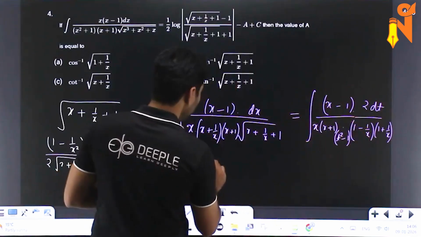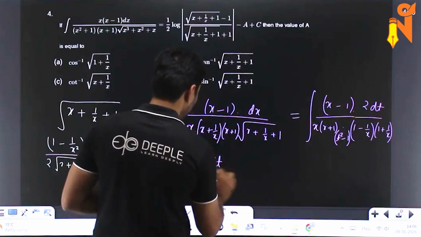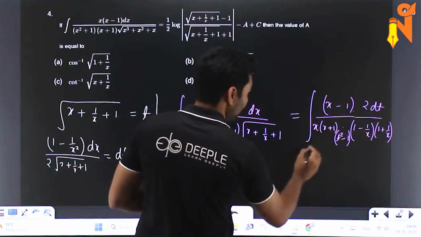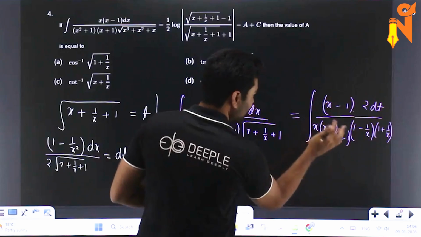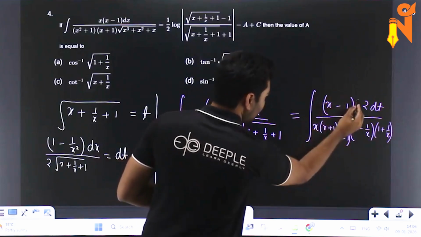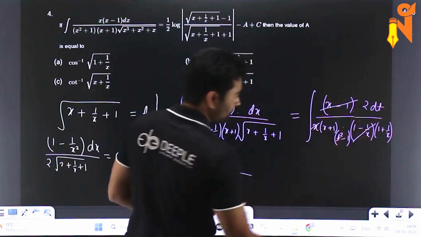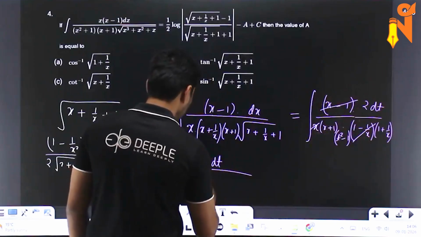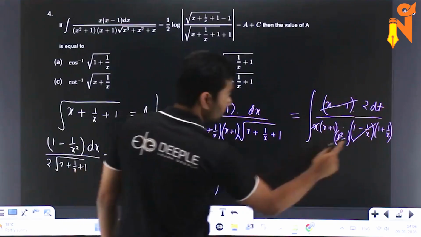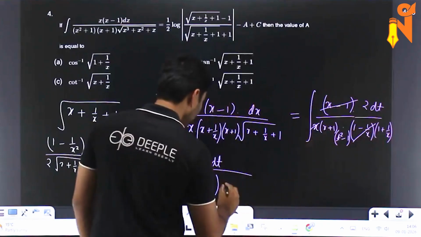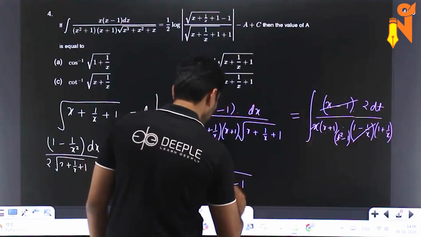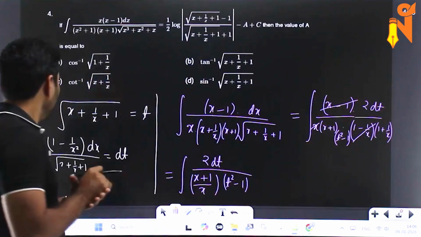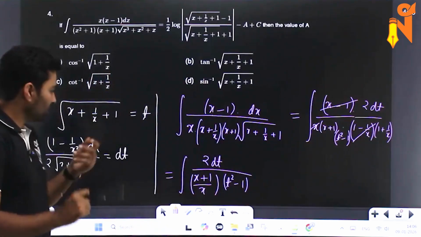So only 2 dt here upon x plus 1 upon x, and this x also cuts. So x plus 1 by x from here, and this is t square minus 1, t square minus 1. Anything? No. Okay.